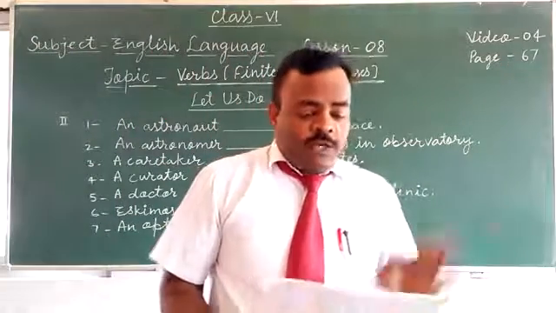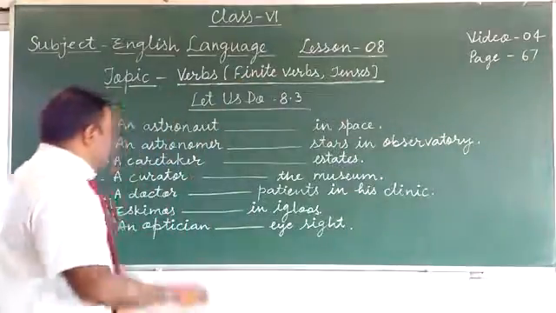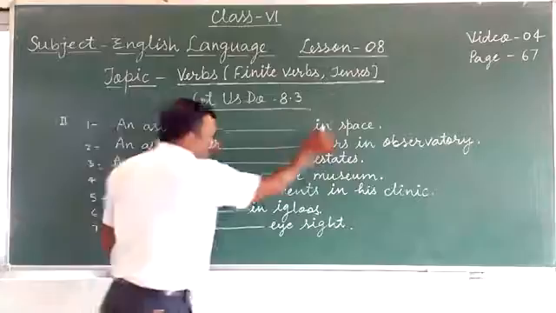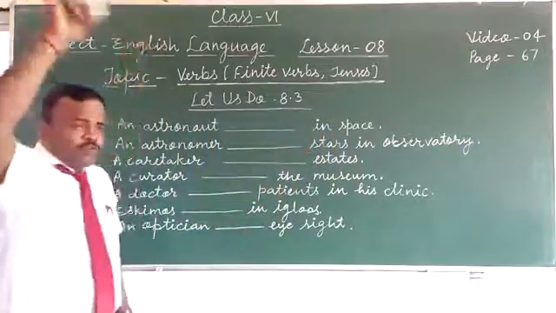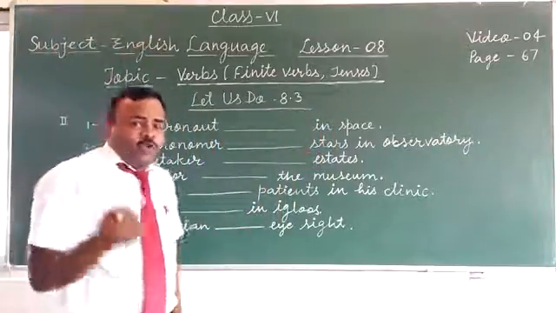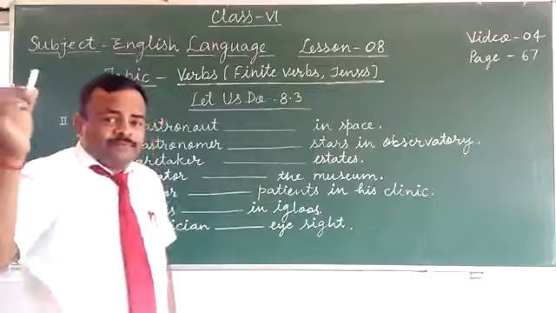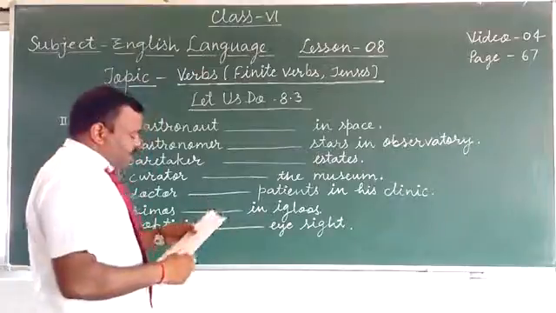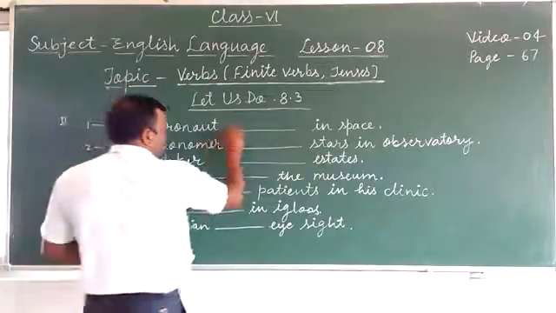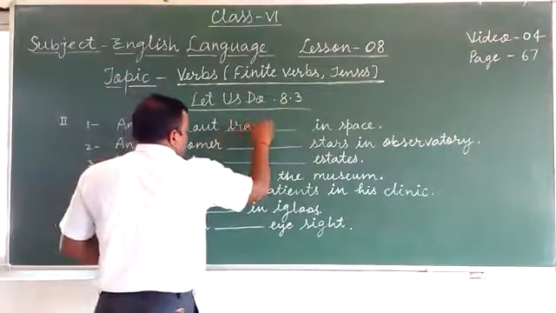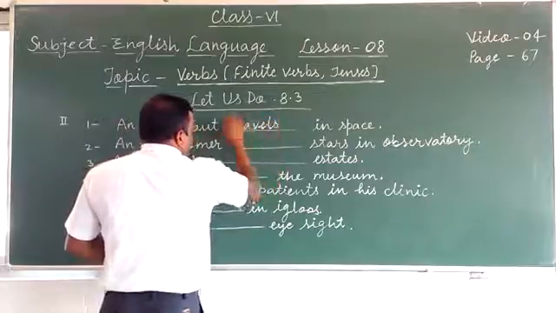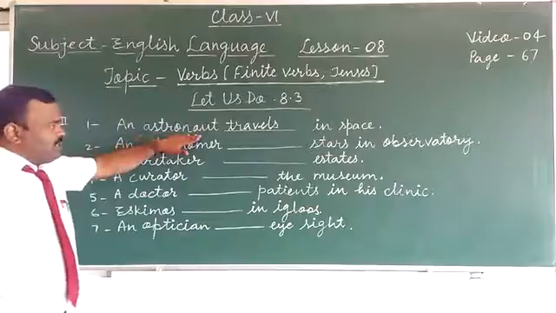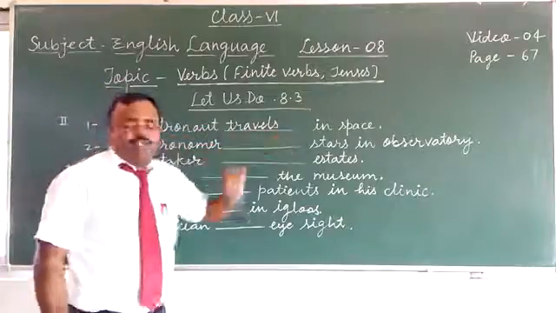The first one: an astronaut in space. So what does an astronaut do in space? Travel. Travels. So we will fill here travels. Your sentence will be: an astronaut travels in space.